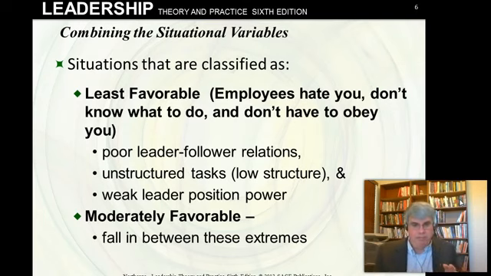Nobody knows what's really going to make things work. And the leader doesn't have any power to reward or punish them. The workers will not suffer negative consequences or gain direct benefits from doing what the leader wants. So they don't have to obey the leader. That's what the least favorable situation is defined as.